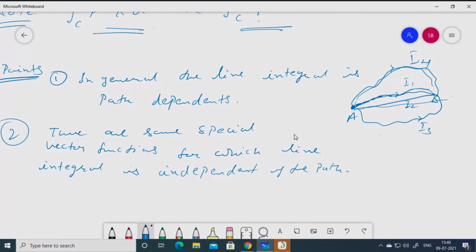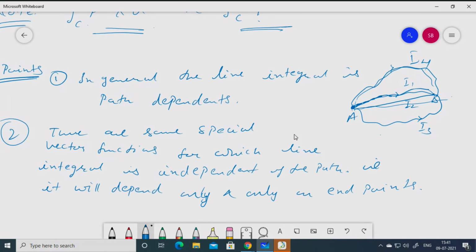Now when I say the line integral is independent of the path, that means it will depend only and only on what? Can you guess? Initial and final point. Very good. Only and only on the endpoints.